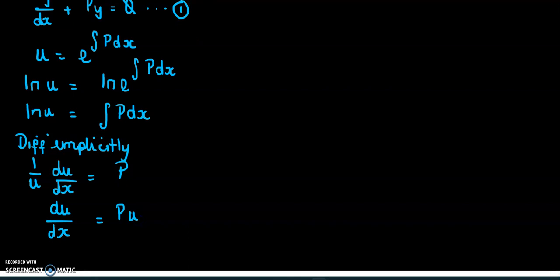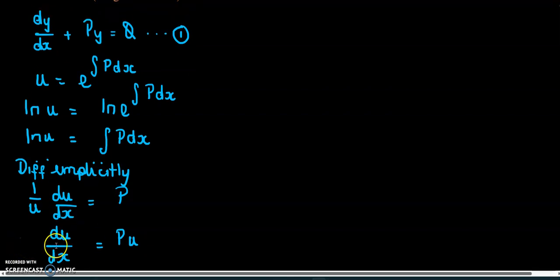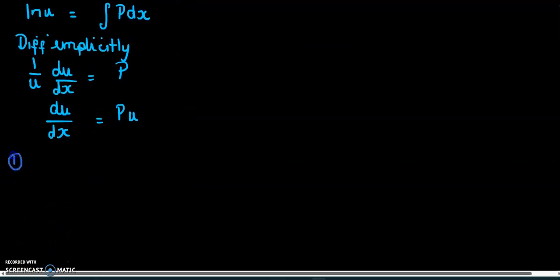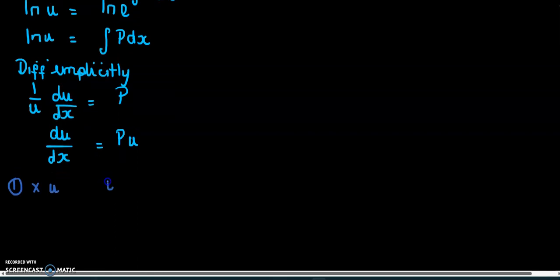Alright. So we go back to our first equation, which is dy/dx plus py is equal to q. And let's multiply equation 1 by our integrating factor u. So what do we get? We're going to get u dy/dx plus puy is equal to qu.